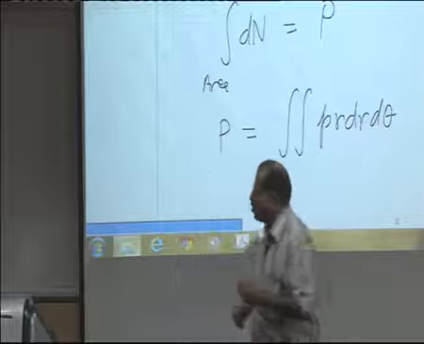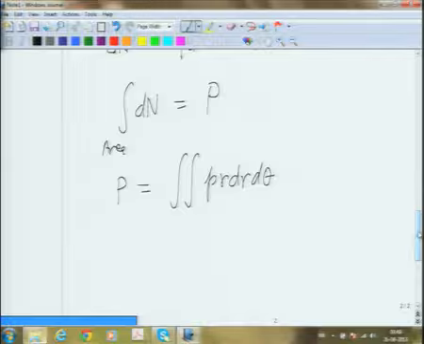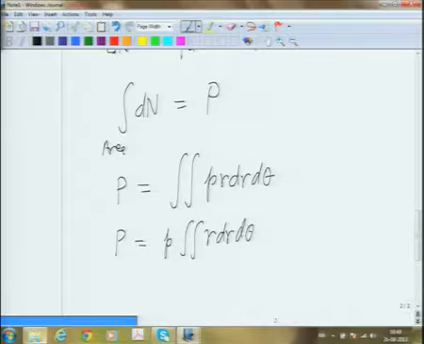So, if I take P as constant, then this P will become equal to P times the integral of r dr d theta. Let me just do it like this. Now, what are the limits?